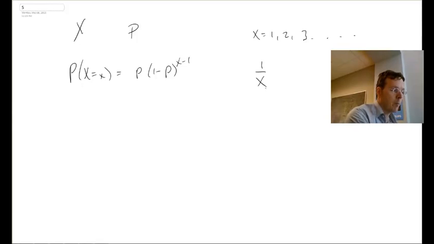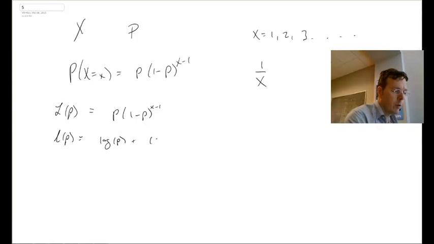But we could do the work, right? We could take the likelihood as a function of p, which is exactly equal to p times 1 minus p to the small x minus 1. So the log likelihood of p is equal to log p plus x minus 1 times log of 1 minus p, and then we could differentiate.